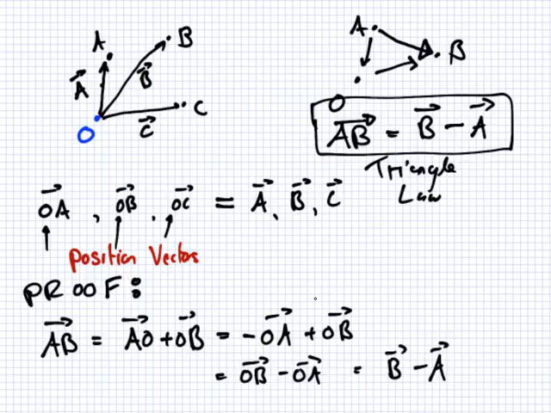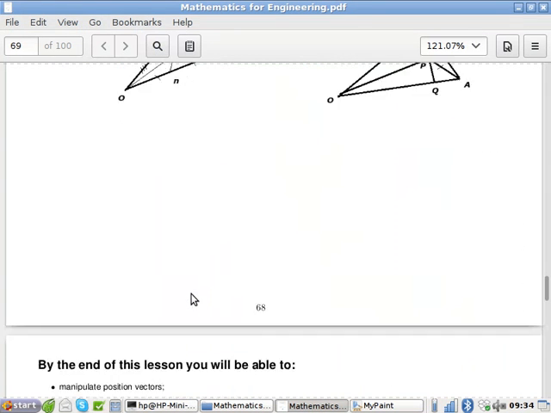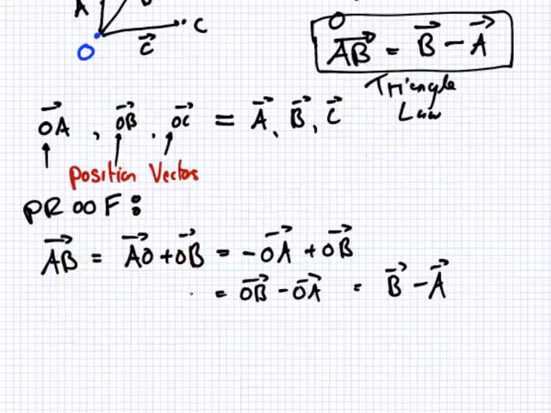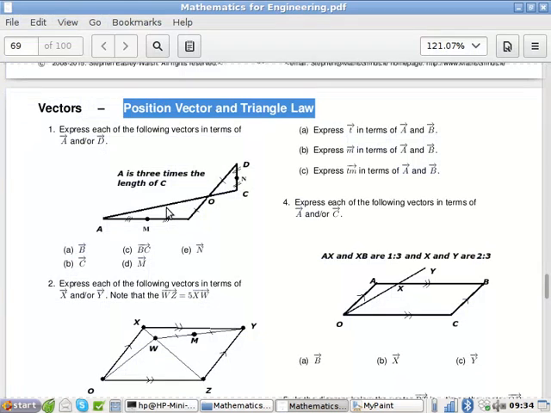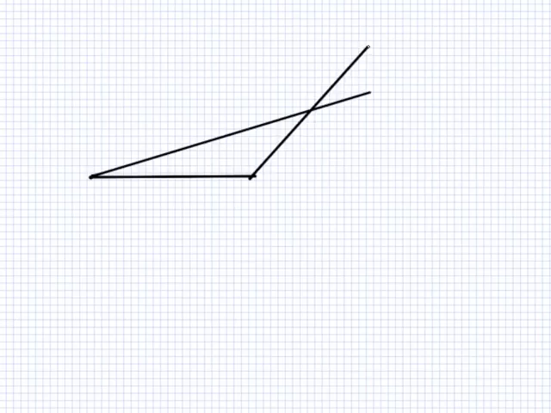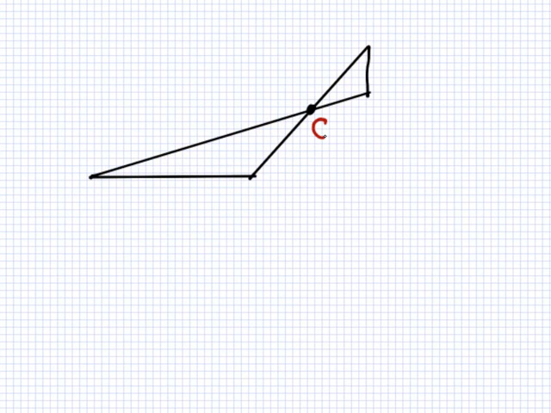Okay, so let's have a look here. Let's do the first one together. There's only 5 questions in this worksheet. Express each of the following in terms of A and D. Okay, so let's draw this. We've got this shape. This is A. Now, this is the O here.